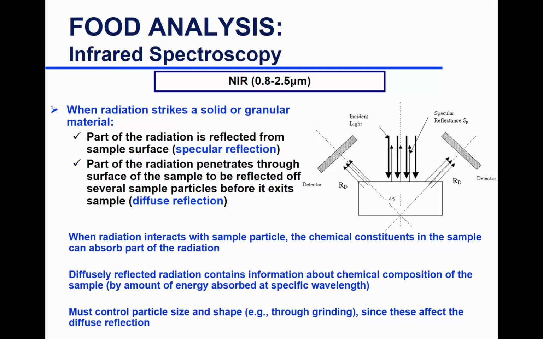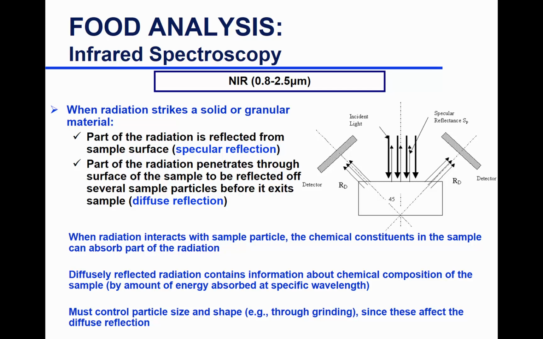So here's how it is. You have the light that hits your sample. Some of it reflects without any absorption. Others will go in a little bit. Some of the molecules will absorb, and the remaining light will get reflected and be detected.